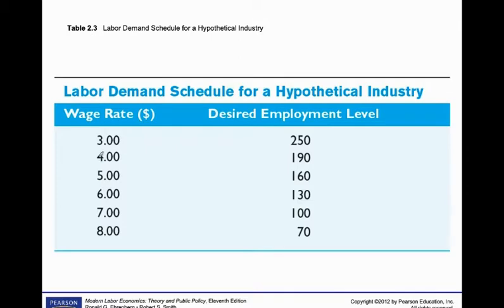What we can find in this schedule is as the level of wage rates keeps rising from $3 to $8, the level of desired employment by this firm keeps declining. Therefore, there is an inverse relationship between the level of wage rate and the level of employment.